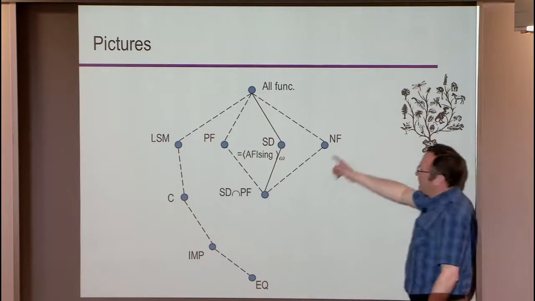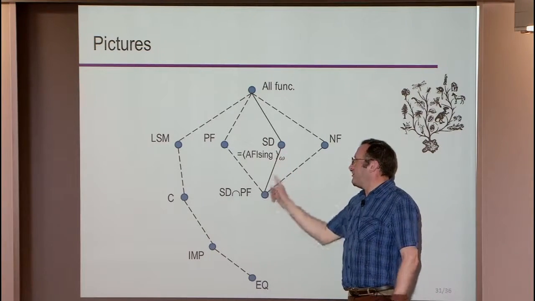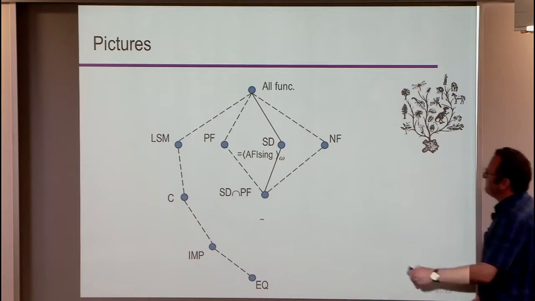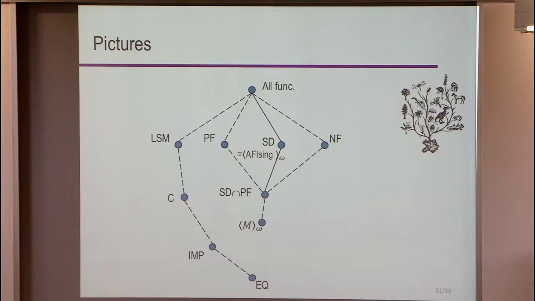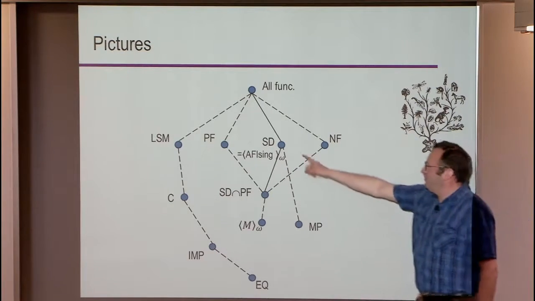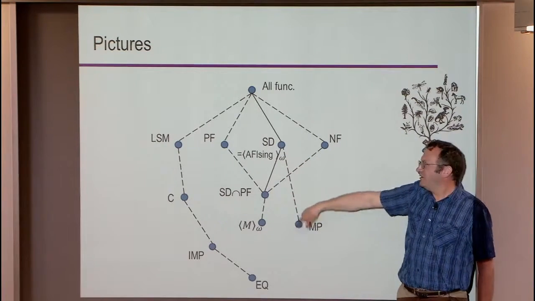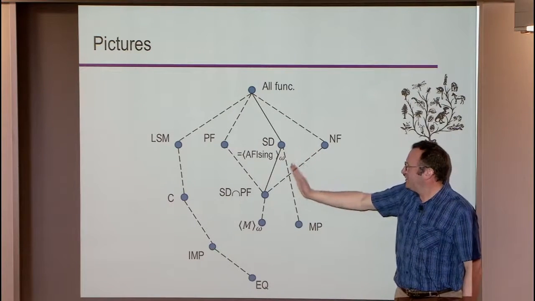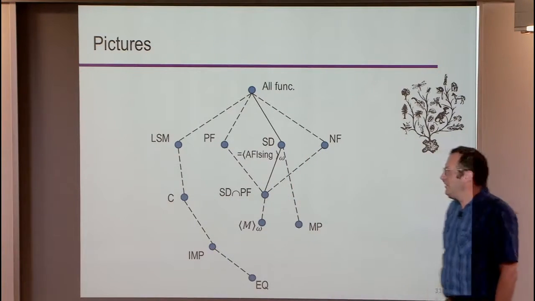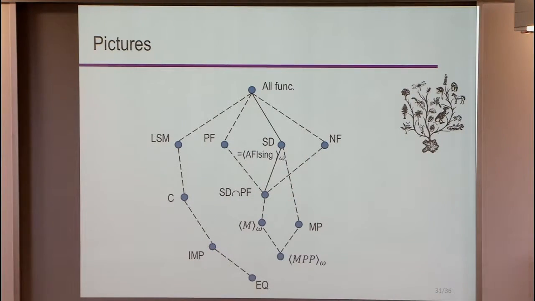Well, we have an interesting intersection, which is just below SD. Well, we have this clone generated by M and MP. It should probably be here, not quite here. I'm not sure about this connection, if it should be here or here, by the way. And the intersection. So that's what we have so far.